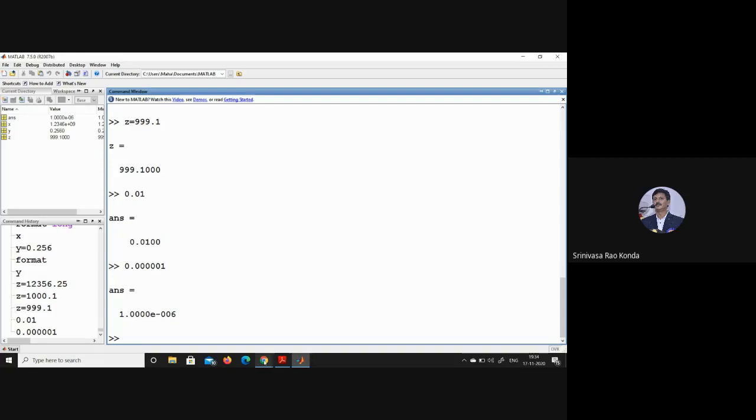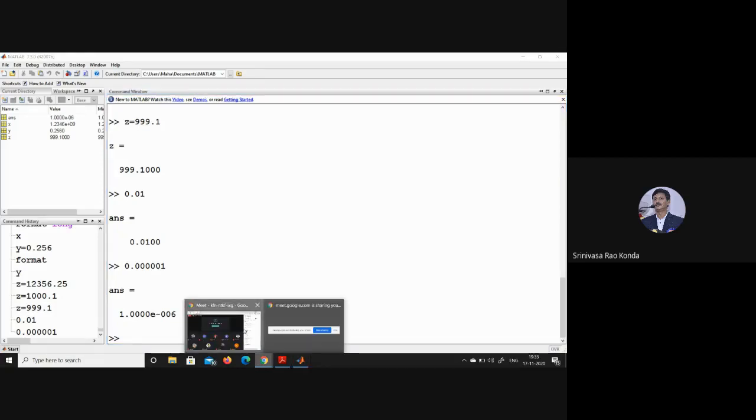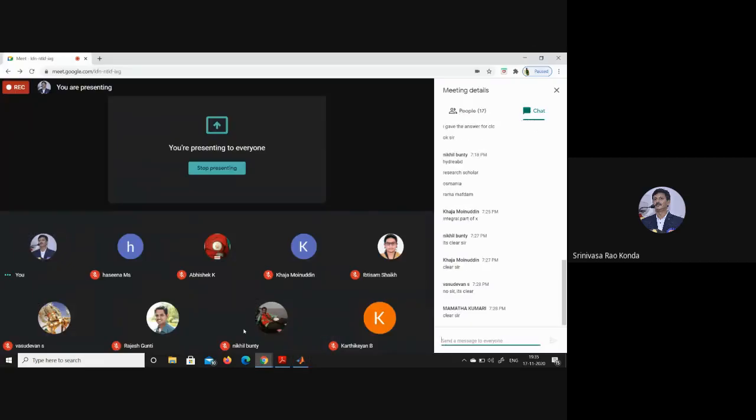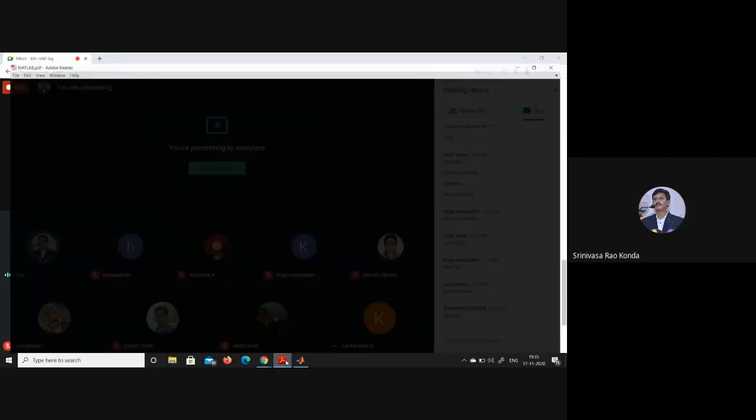So if you have any doubts, you can ask. Yes, Karthikeyan. Sir, initially you showed 6 by 3 is equal to 2. After that, 3 by 6 also 2. Okay. So there is a right division and left division. Two divisions are there.